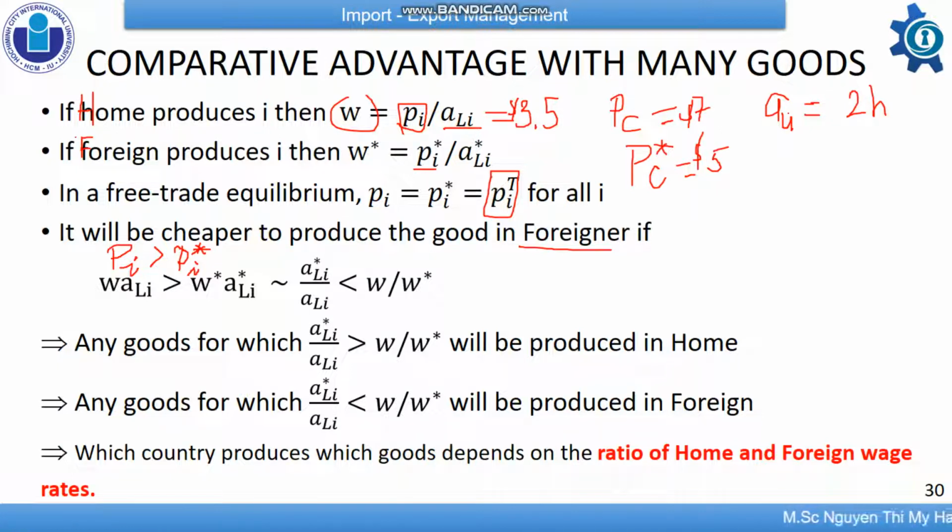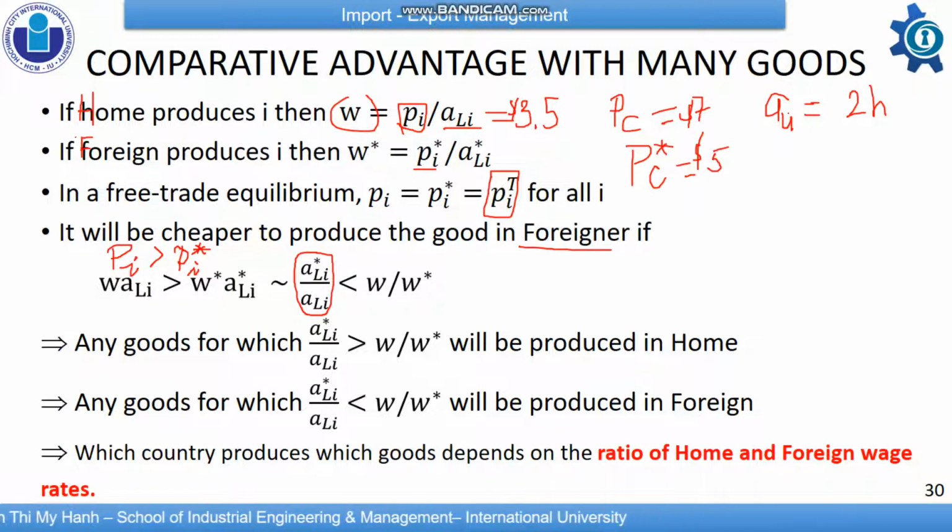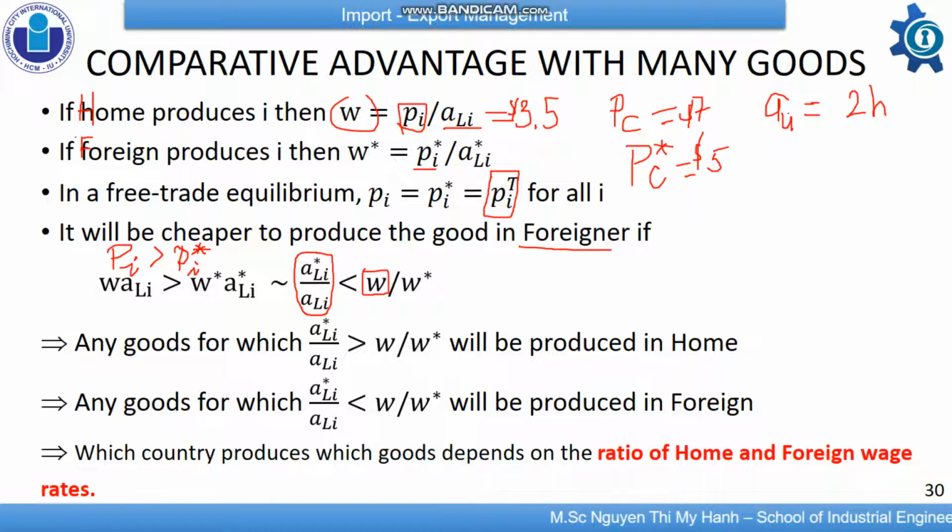So P_C star is less than P_C, 5 less than 7, so it's cheaper to produce cheese in the foreign country, and it is equivalent to the relative unit labor requirement of product i in the foreign country to home country being less than the relative wage in the home country to foreign country.